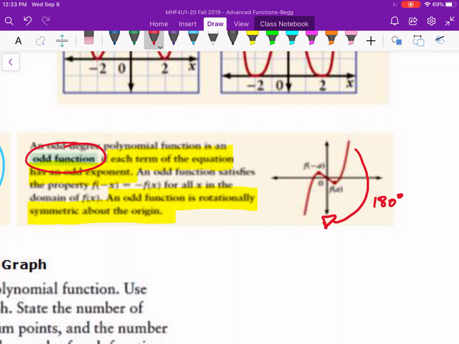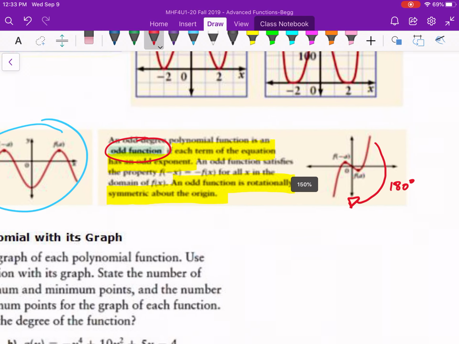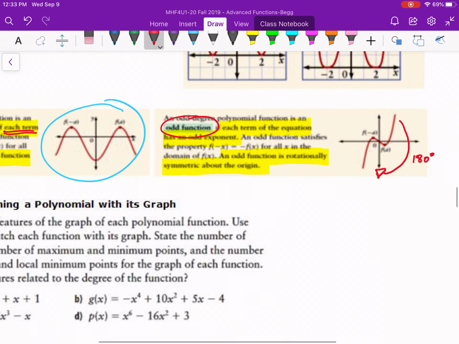That would be an odd function. So we're not talking even degree and odd degree anymore. We're just talking about odd function and even function. Slightly different terminology that means different things.